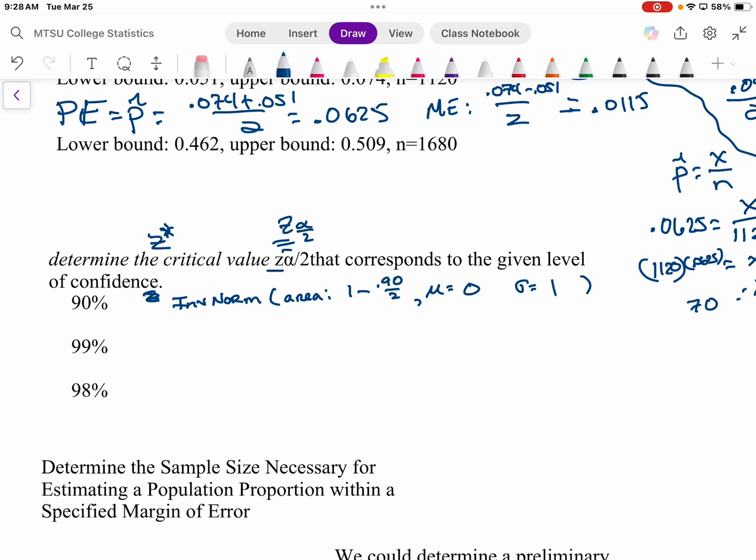Technically, if I draw a picture, if I have 90% in the middle, that means there's 5% or 0.05 out here and there. And so as I want to find my Z-star, I can say that 95% is to the left.